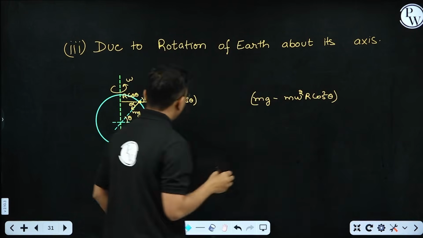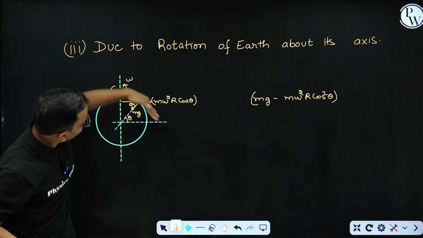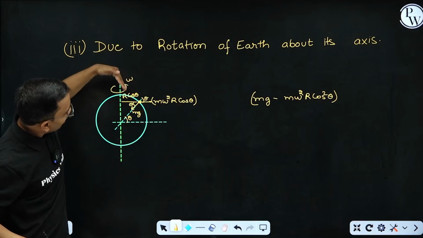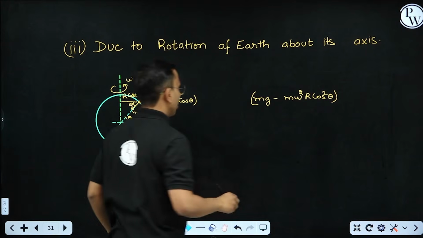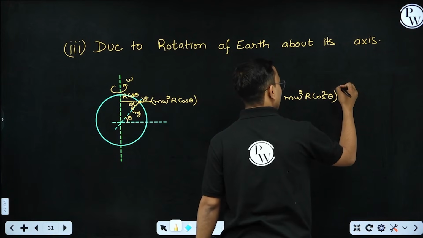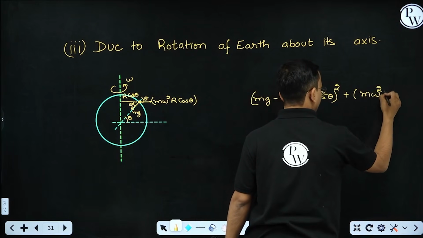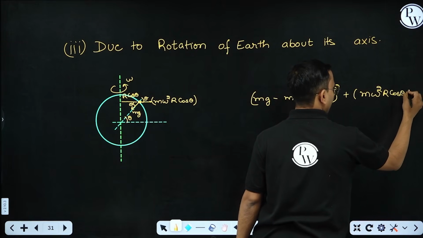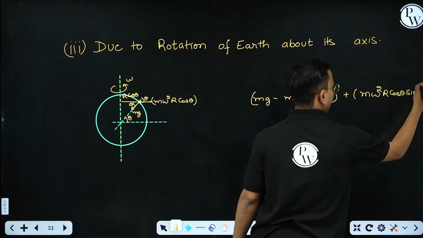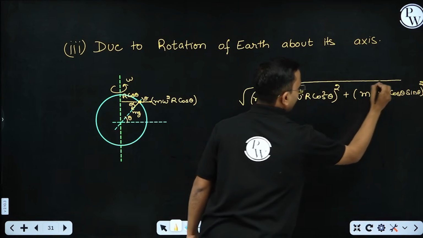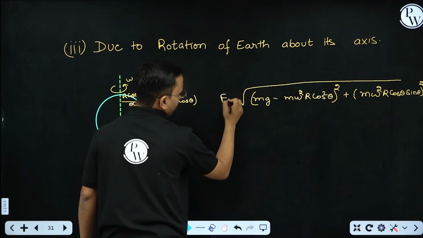This is the component along the axis, and perpendicular to the axis will be m omega square r cos theta into sin theta. And these two will be perpendicular. To find the resultant, square and take the root of this. This becomes my total force.